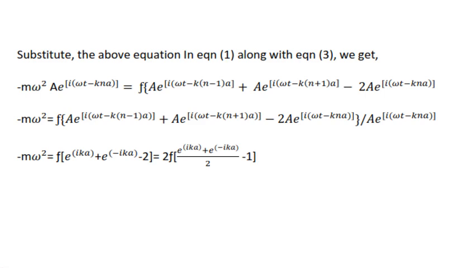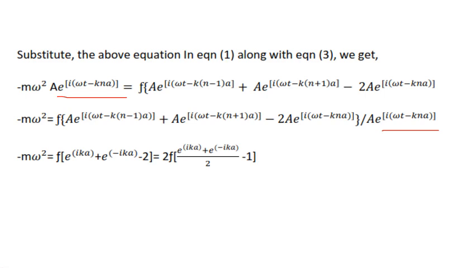So now minus m omega square a e power i omega t minus kna, that is equal to f of a e power i omega t minus k(n minus 1)a plus a e power i omega t minus k(n plus 1)a minus 2a e power i omega t minus kna. Then you take this a e power i omega t minus kna here. So minus m omega square equal to this thing.